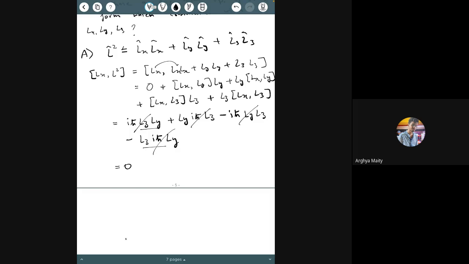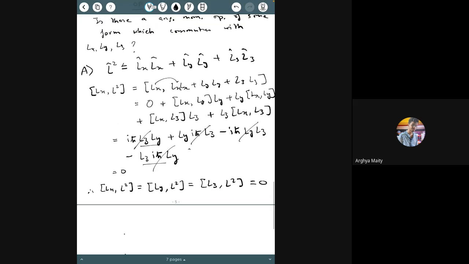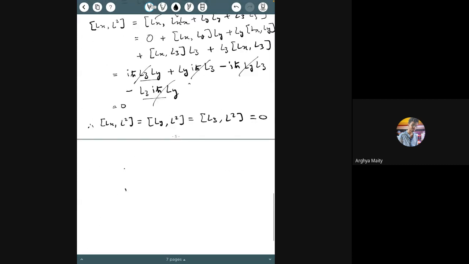So therefore, Lx L square equal to Ly L square equal to Lz L square equal to 0. Okay. So now we have established a few commutation relations, and we have the operator forms of the angular momentum in Cartesian coordinates.